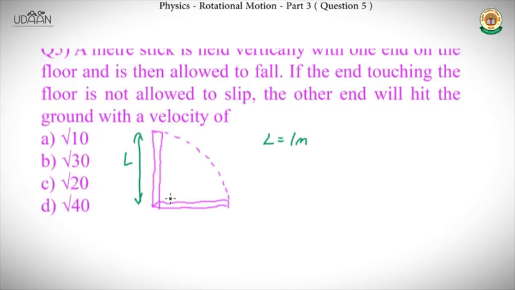Any torque provided to this meter stick about, let's assume this point to be O, will only be because of the gravitational force, since any frictional force will be applied on point O and the distance is 0. So the torque caused by the frictional force is 0. So we don't need to worry about the friction force at all when we talk about the torque.